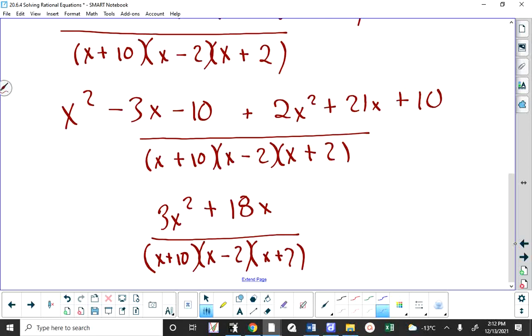I don't know that I've really said this before, but let's see where this goes. If you were to factor 3x squared plus 18x, you would take a 3x out and be left with x plus 6, right? We're in agreement there? If you did that, would you be able to cancel anything?